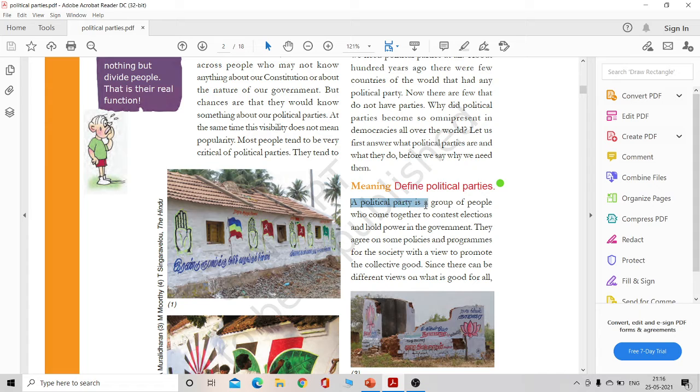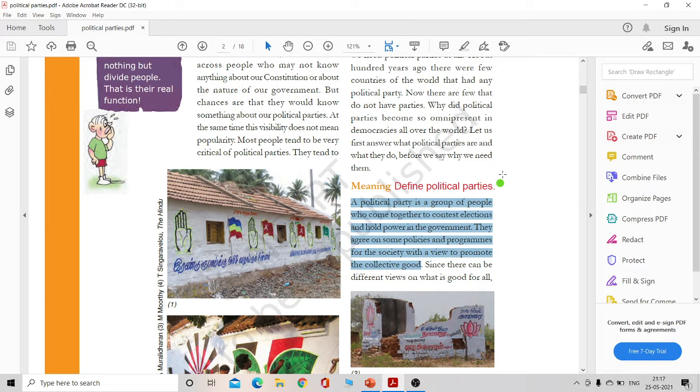A political party is a group of people who come together to contest elections and hold power in the government. They agree on some policies and programs for the society with a view to promote the collective good, right? So this more or less answers the question define political parties.